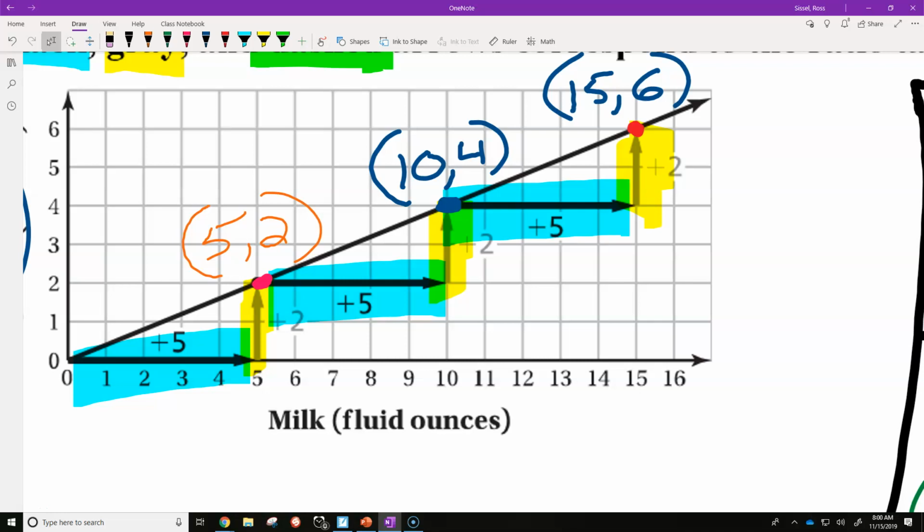These coordinate points made up the ratio 5, 2, 10, 4, 15, 6, and they're all equivalent, meaning they all equal the same. If I divide each one by 2, I'd get 5, 2. Divided by 3, 5, 2. So they're all equivalent.